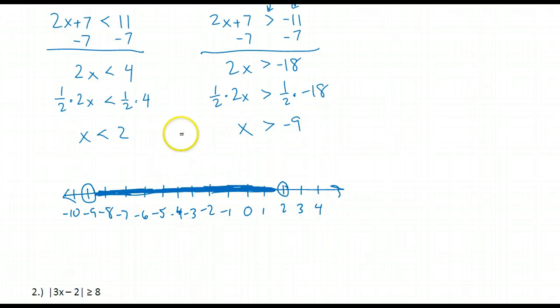So this is really an AND compound inequality. I want all of the values that are between negative 9 and 2. So 2 has to be greater than x, and negative 9 has to be less than x.